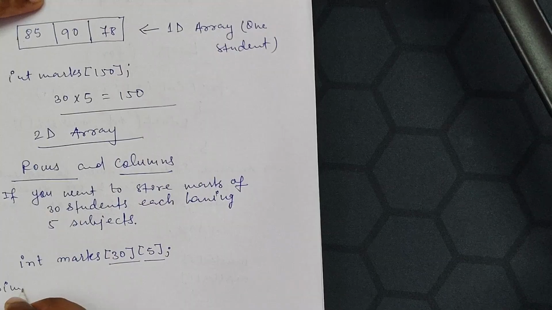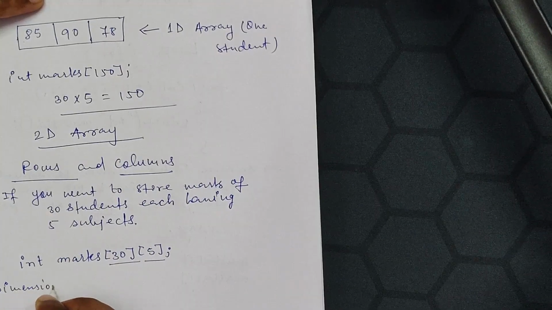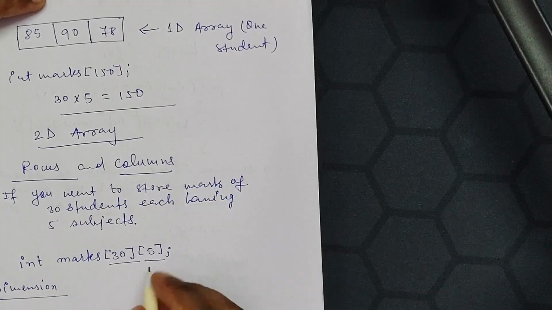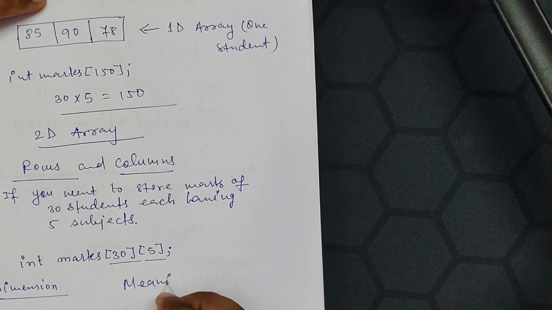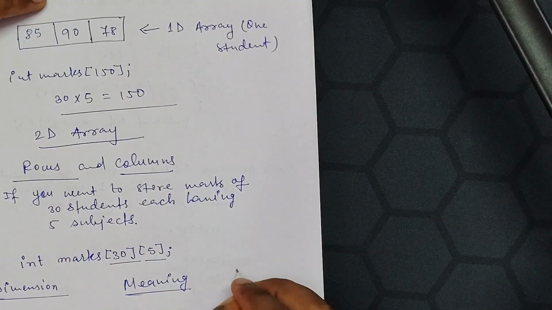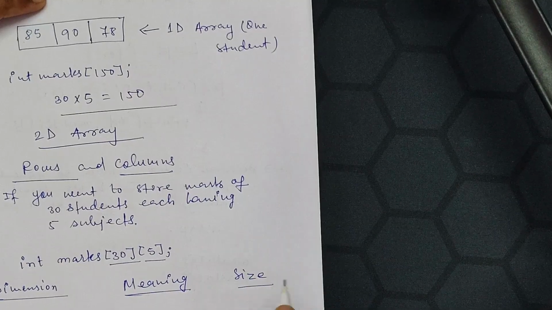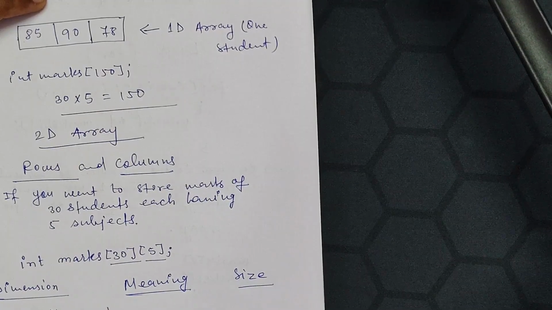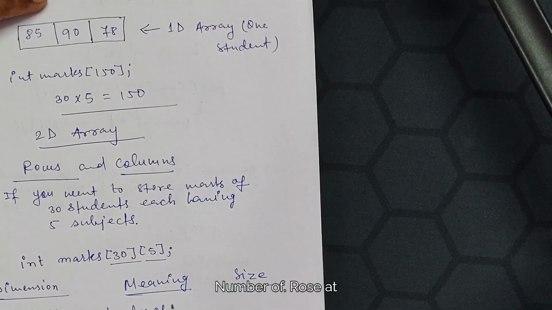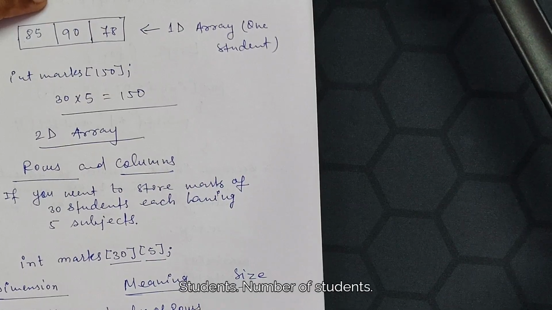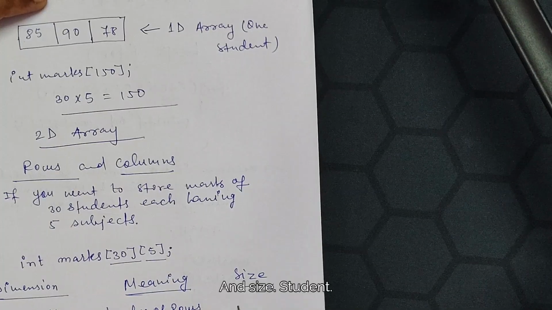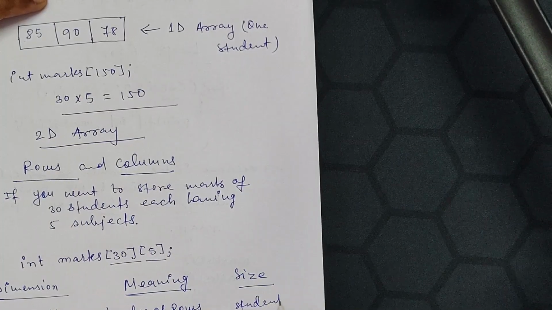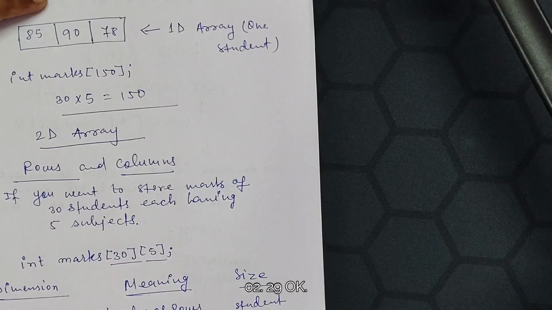Okay, here let's check. This is the dimension, meaning size. First, 30, the number of rows, that is the number of students, indexed 0 to 29.